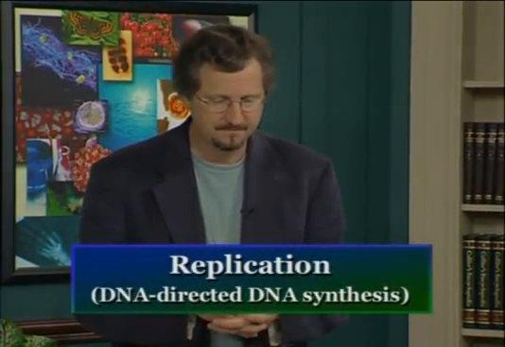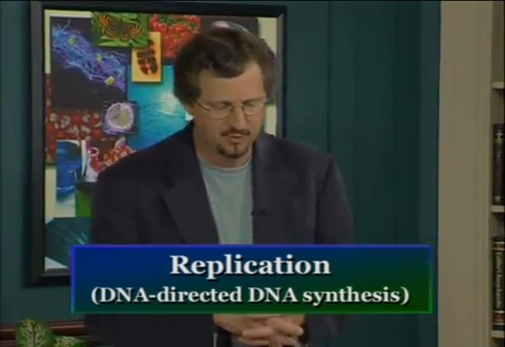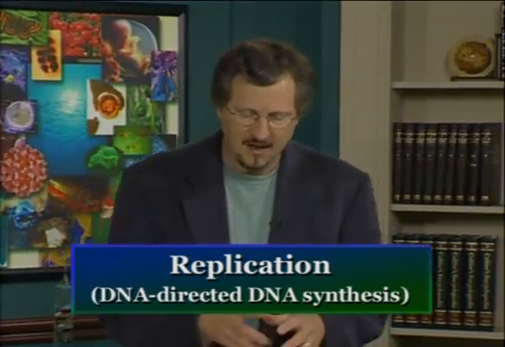That is, the flow of information from one DNA molecule to another can occur in a circular fashion when that DNA molecule is copied exactly by the mechanisms that we've already discussed. This process we've termed replication. It could also be called DNA-directed DNA synthesis because it's a DNA molecule that's directing the synthesis of more DNA.